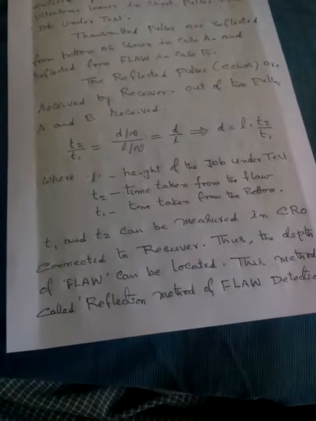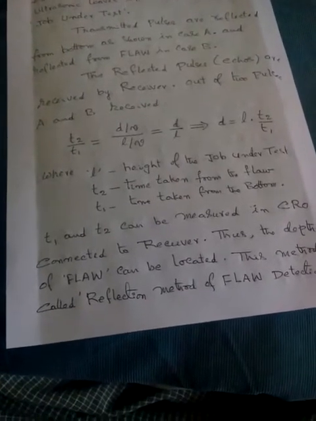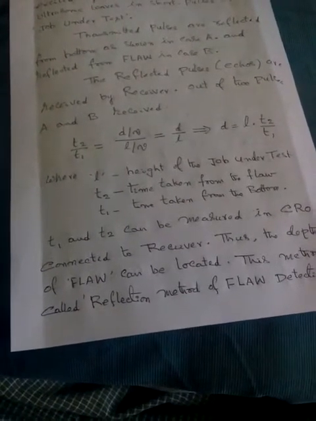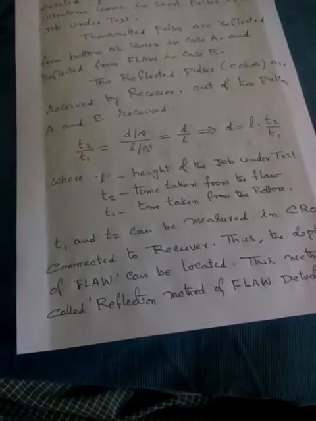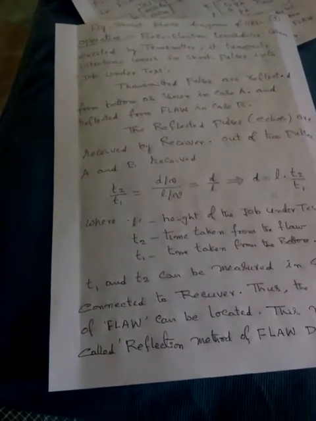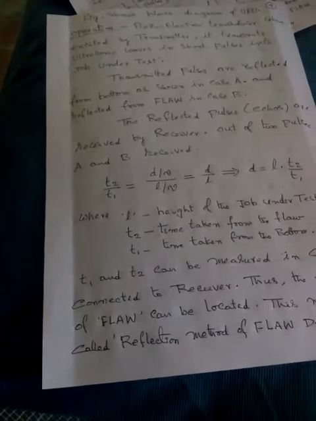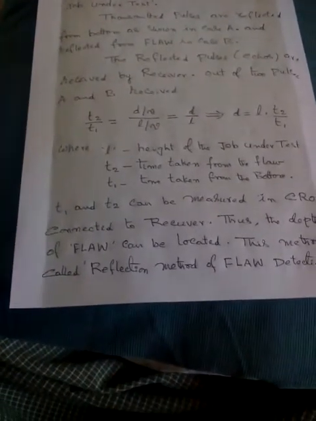And the point where it is defect, position also can be located, depth also can be located. So both can be located. We can identify the position and depth of the defect in the material, and we can reject that material.